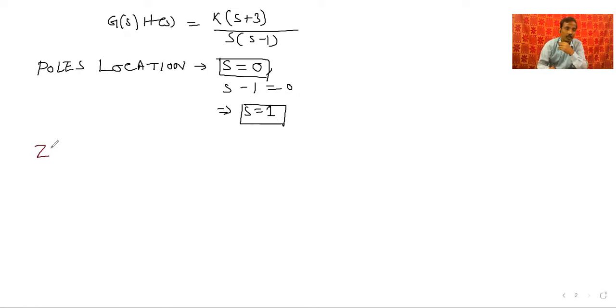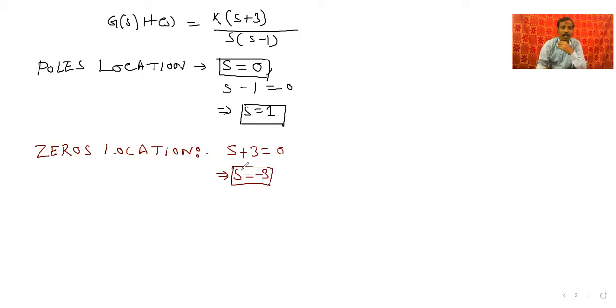Then zeros: in this case, only one zero, and the zero location is s equals to minus 3. Then plot the pole zero.